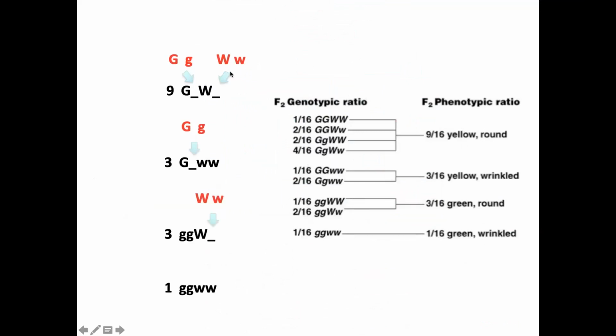So this group here, 9, where I have big G, empty slot, big W, empty slot, and so on, what you can see is that represents a phenotype that summarizes this phenotypic information. You're dominant for both the G and the W trait, right? The capital G and capital W. But in addition to that, it's also representing all of these potential genotypes.